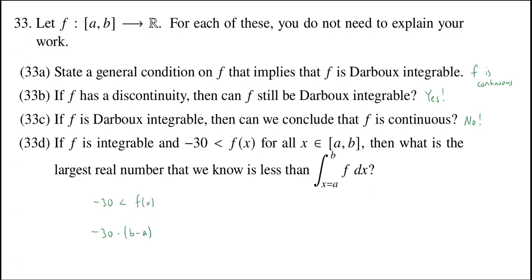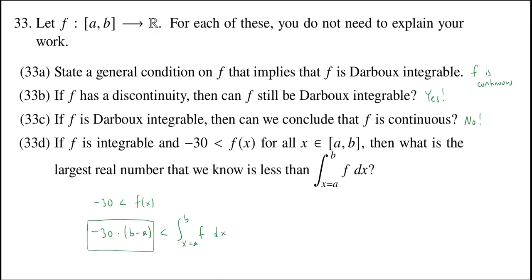This is the width of the interval. This is going to be less than the integral of f over ab. So this, negative 30 times b minus a, is the answer to our question. That's going to be the largest real number that we know is less than this.